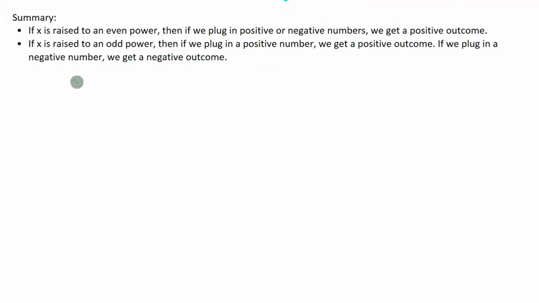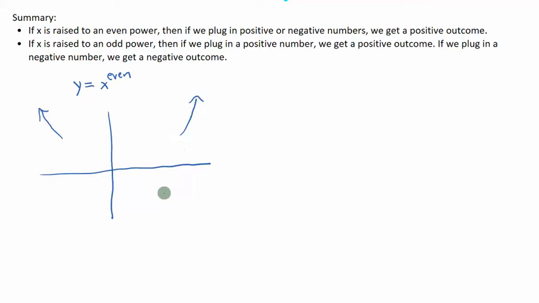So if I have y equals x to an even power, then I know on the left side of my graph I'm going to get positive y values, and on the right side of my graph I'll get positive y values as well, because a negative to an even power is positive, and a positive number to an even power is positive. If I have y equals x to an odd power, then if I plug in negatives, I get negative y values.